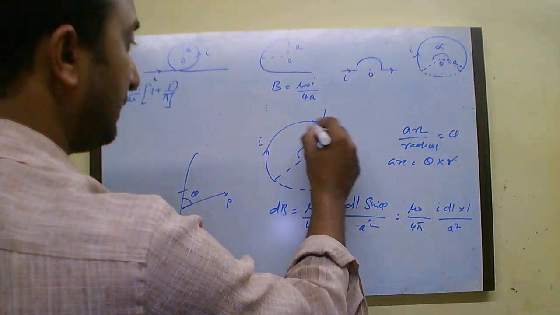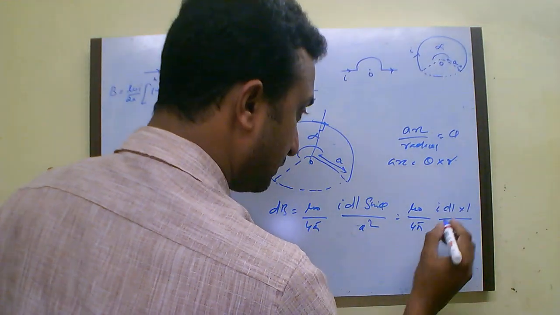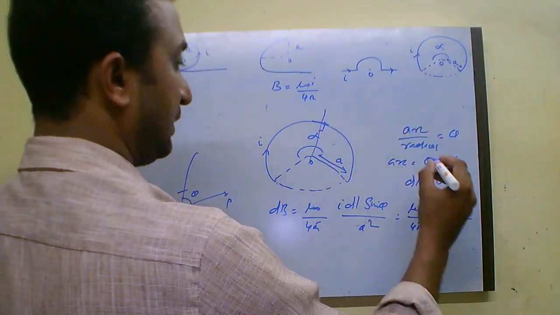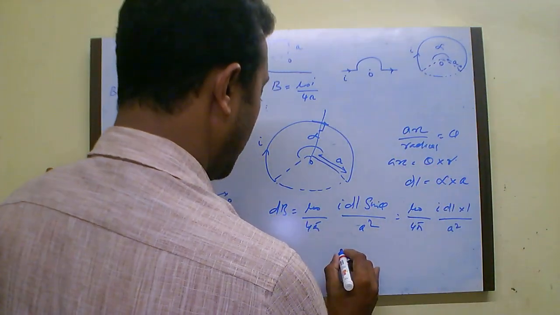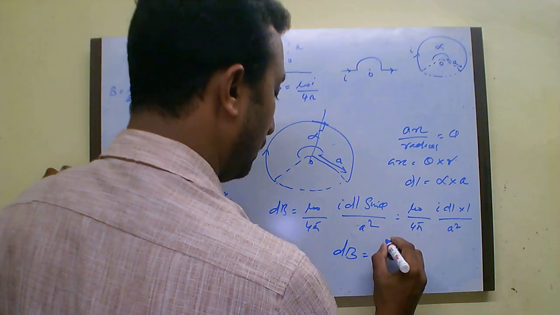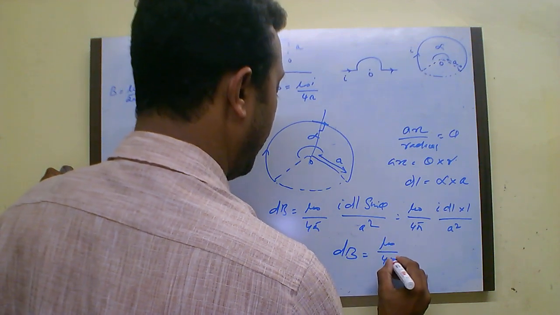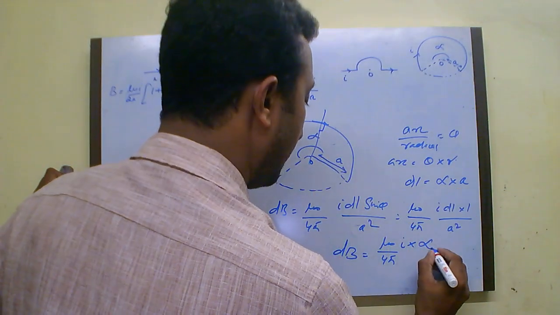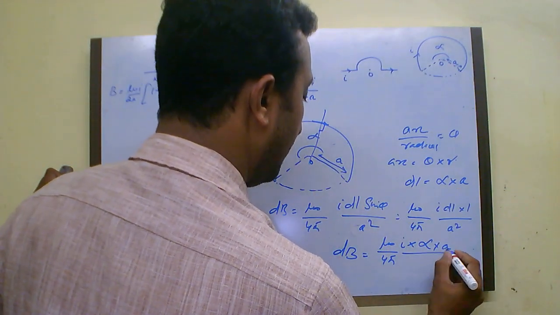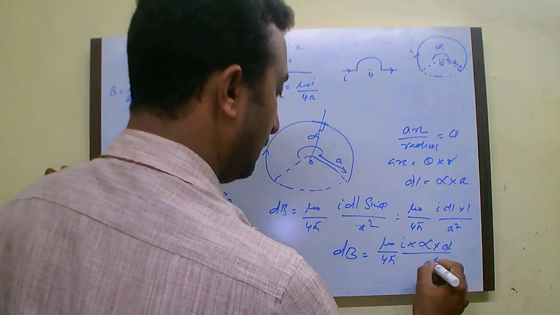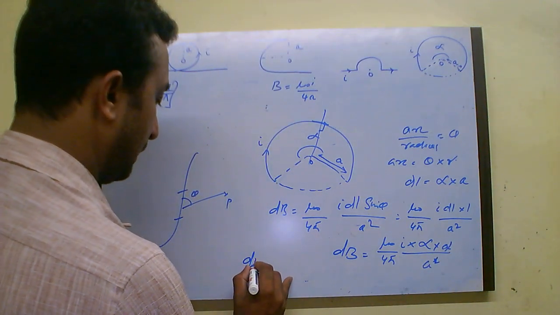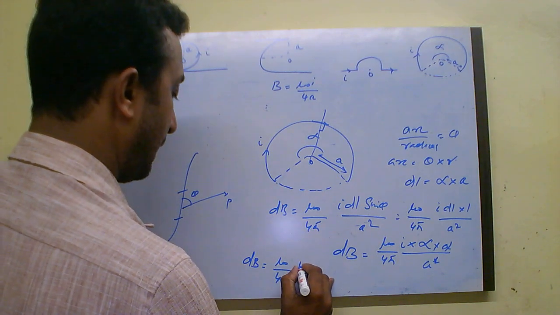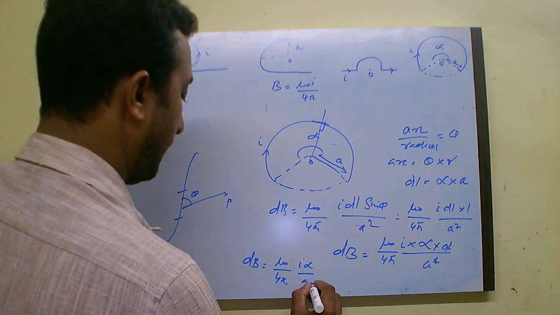Here the angle is given as alpha, so in place of dl you can substitute alpha times A. So B is equal to mu 0 by 4 pi I times alpha A divided by A squared, which gives mu 0 I alpha by 4 pi A as the answer.